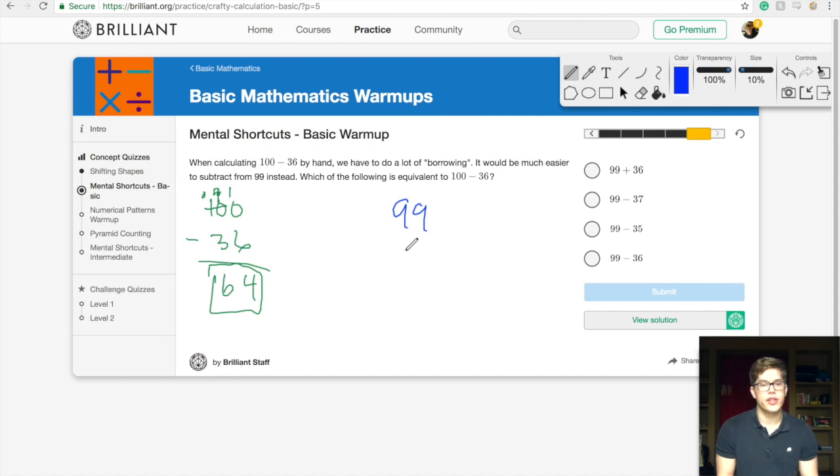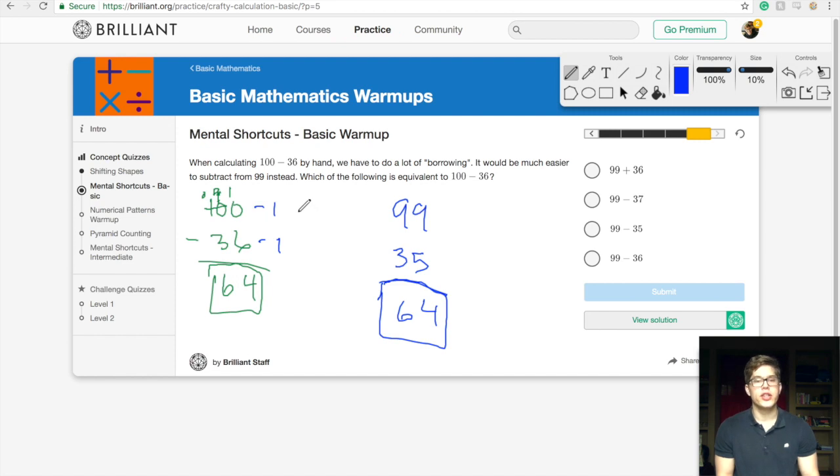If we subtracted 1 from 100, we should also subtract 1 from 36 and do 99 minus 35. And here we have 9 minus 5 is 4, 9 minus 3 is 6, and we get the same answer as 64. We're kind of just manipulating our question in order to make the math simpler and easier to solve.